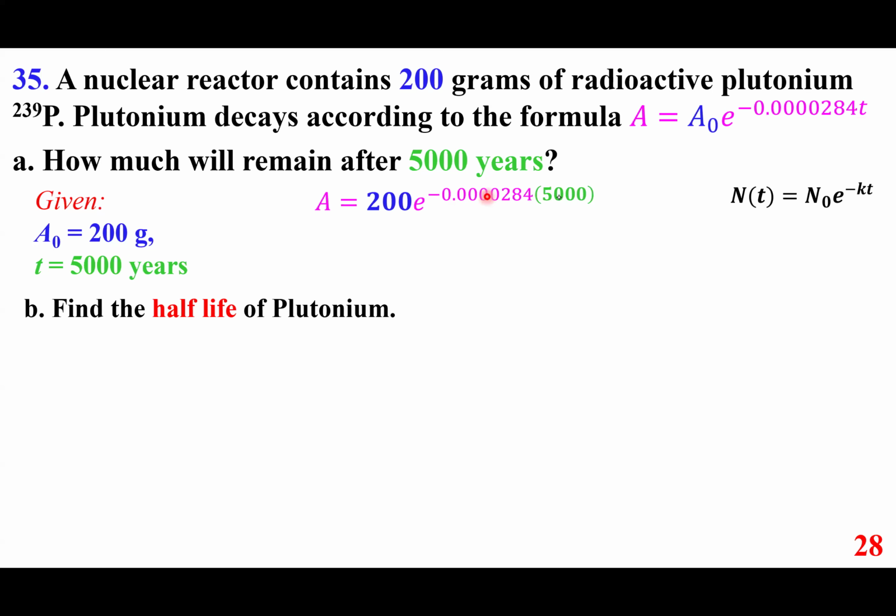So 200 e to the power of the product of these two numbers, which is negative 0.142. You raise e to that power times 200. It becomes 173.52. It's important to know this is because of these negatives, and it's an exponential decay, so it must go down.